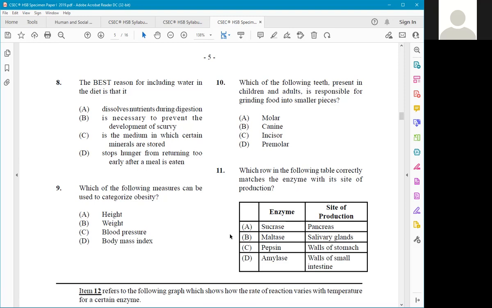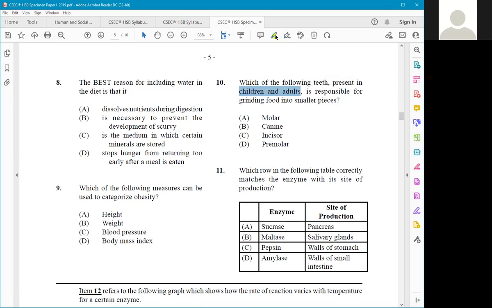For number 10, which of the following teeth present in children and adults is responsible for grinding food into smaller pieces? You shouldn't get anything mixed up, but here, you see what they say: in children and adults. CXC is very, very smart.